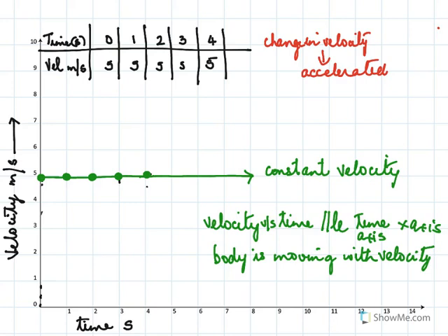Velocity constant means velocity does not change, which means acceleration equal to 0. No acceleration, because there is no change in velocity. So we have a graph of this kind which is parallel to the x-axis. We say the velocity is constant and there is no acceleration.